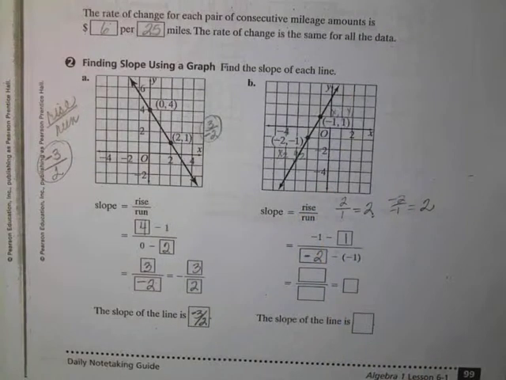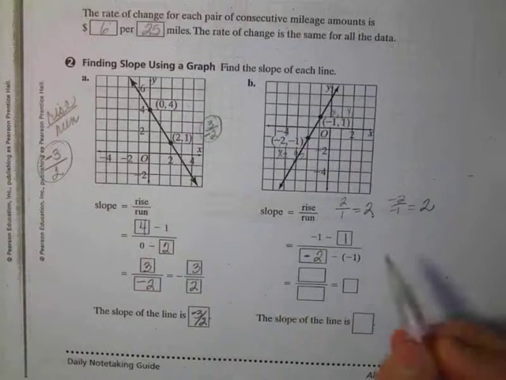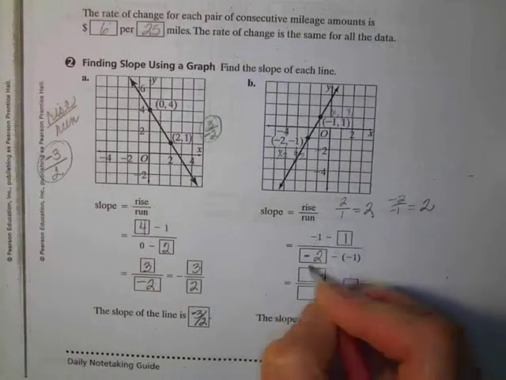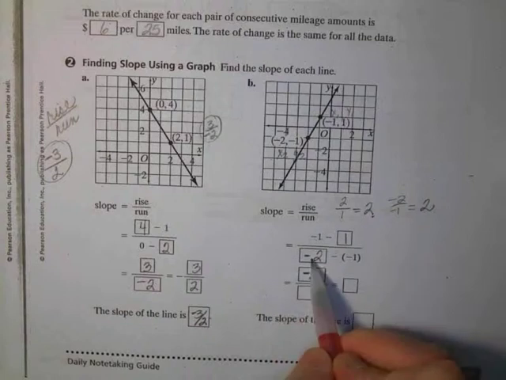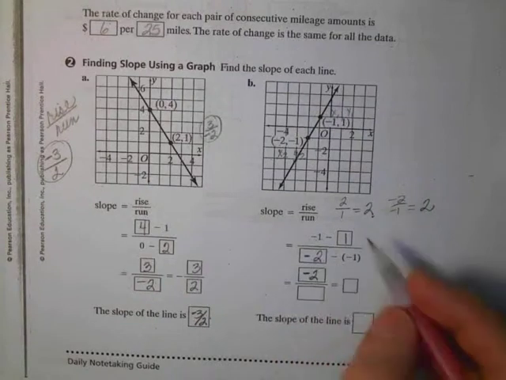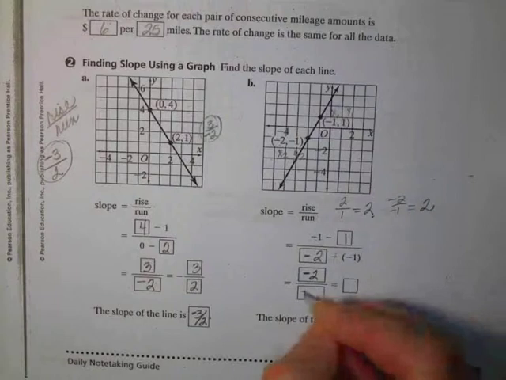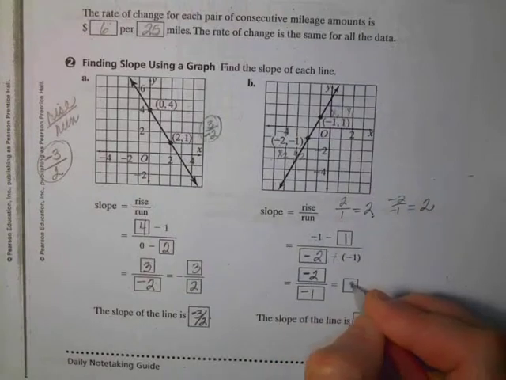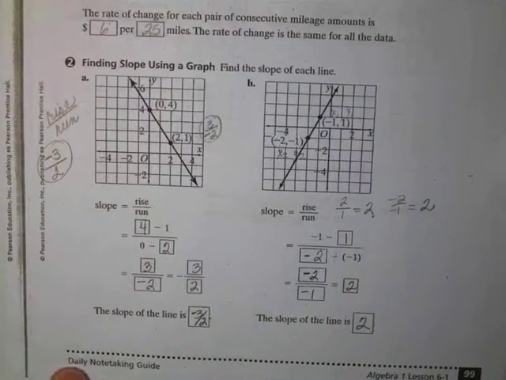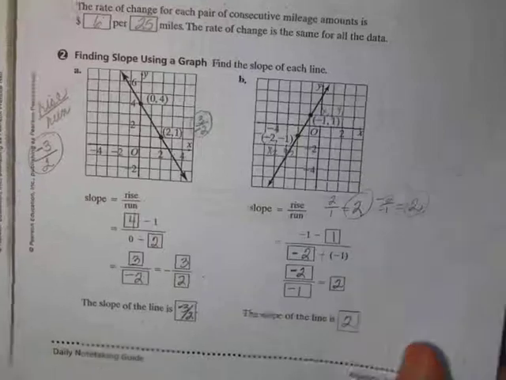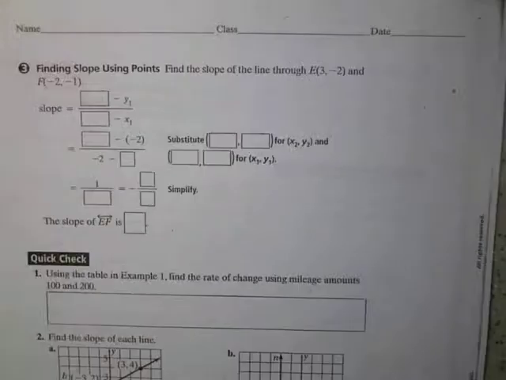We will talk about that a little bit more in class, and have some already. Okay, so -1 minus 1 is -2, and then we have -2 minus -1, which becomes +1, which gives me -1. So this gives me 2. So the slope of this line is 2, which is what we found up here by counting as well.